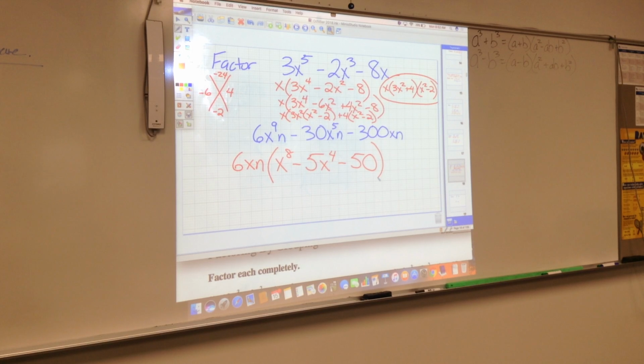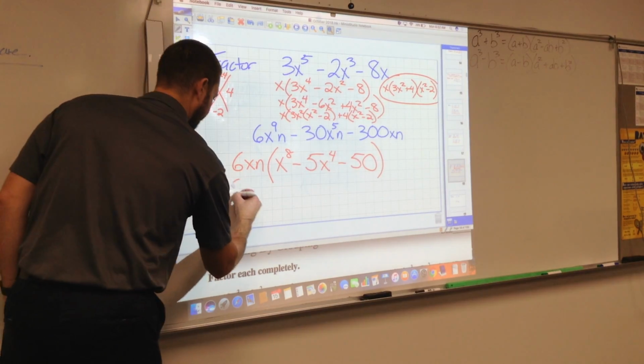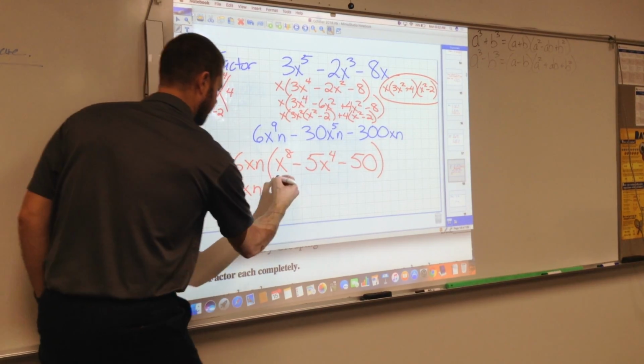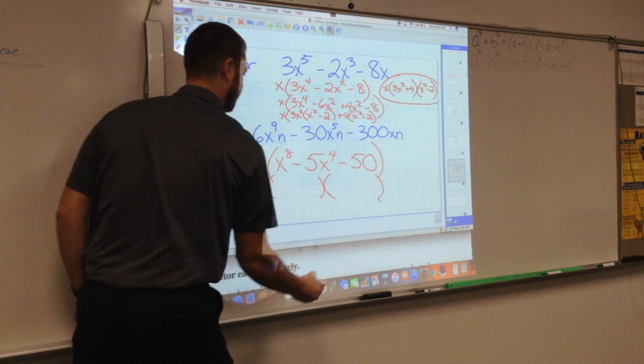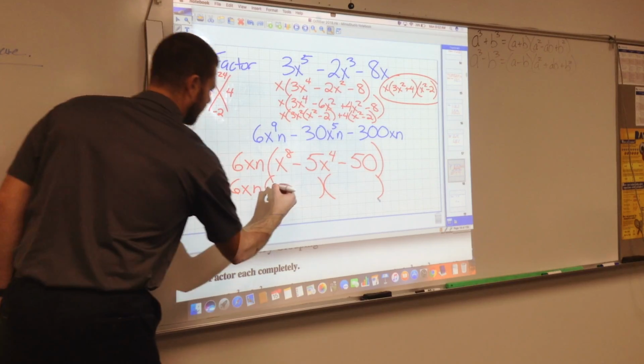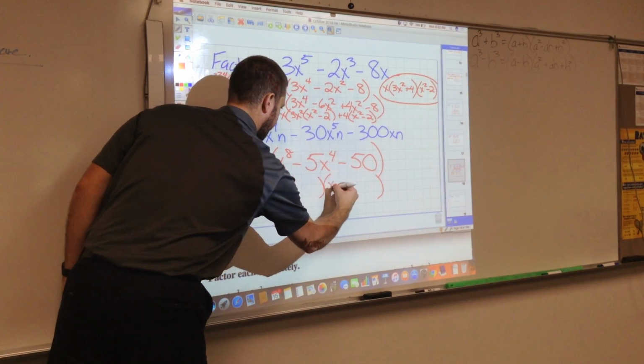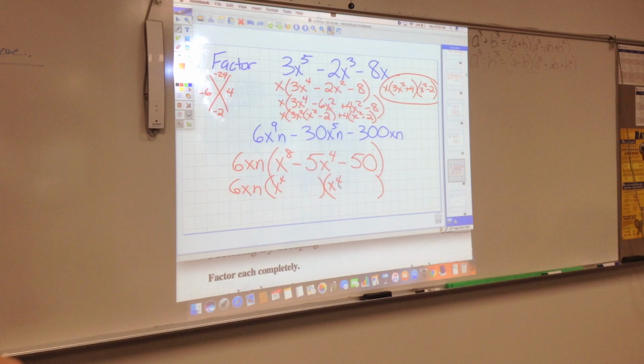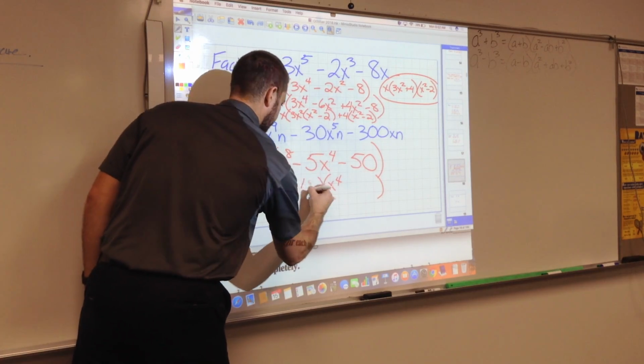I like what's in the parentheses a lot better this time. What times what gives you x to the 8? x to the 4th. And then what two numbers multiply to -50 and add to -5? -10 and +5.